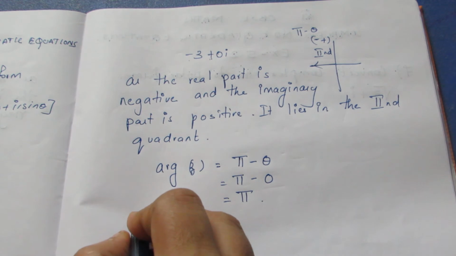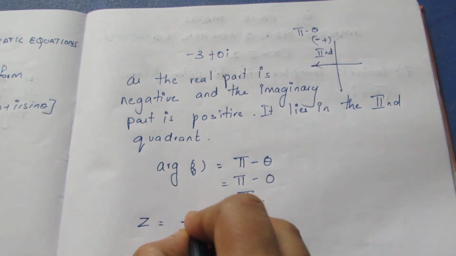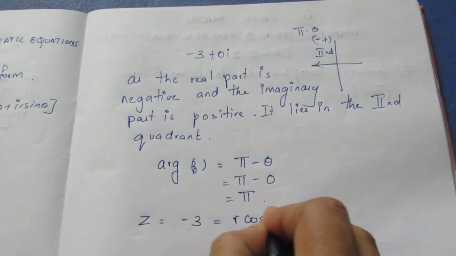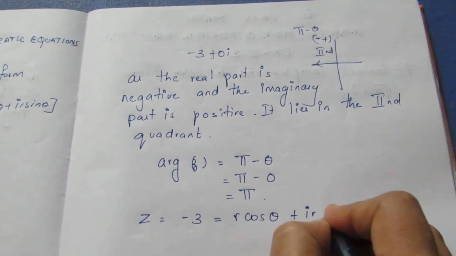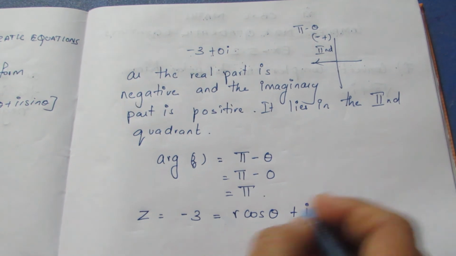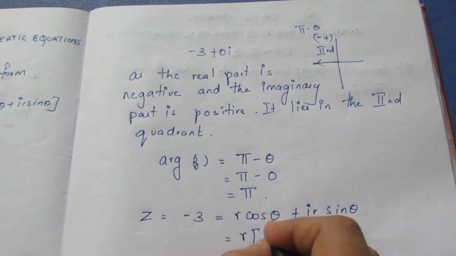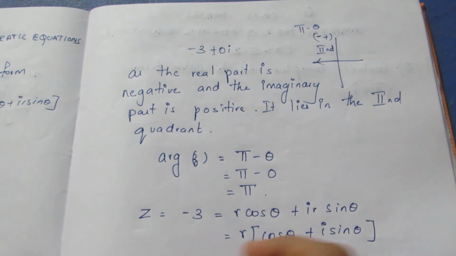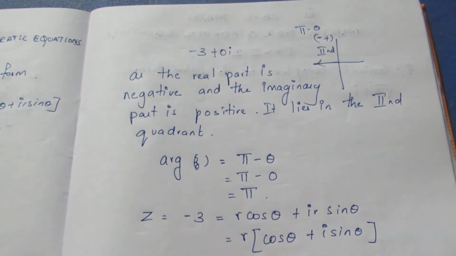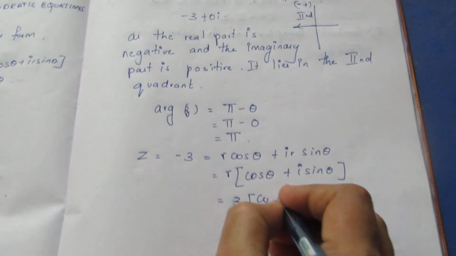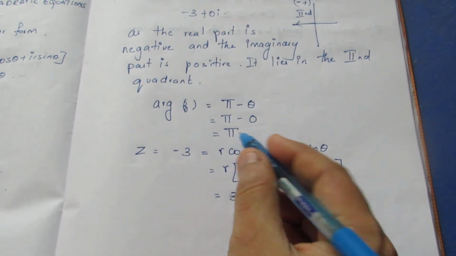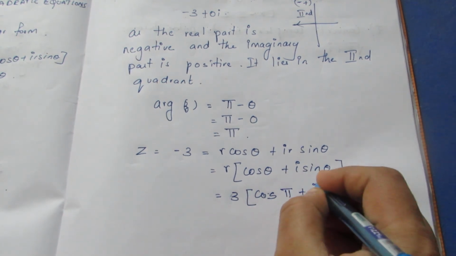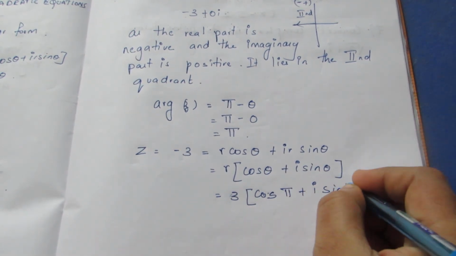We know that z is equal to -3, which is equal to r cos theta plus i r sin theta. If we take r common outside, we get r times cos theta plus i sin theta. The r value we found to be 3. So 3 into cos theta, here we need to take the argument of z, that is pi, plus i sin pi.